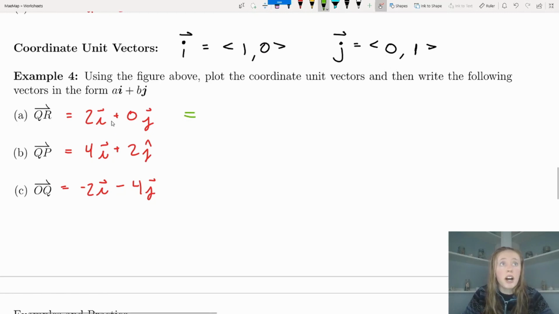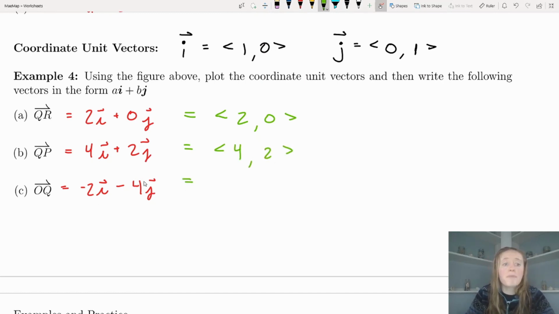So 2i plus 0j, I can write that as vector 2, 0. Or 4i plus 2j, I could write that as 4, 2. Or negative 2i minus 4j, I could write that as negative 2, negative 4. So again, this was just an alternative form to expressing a vector.